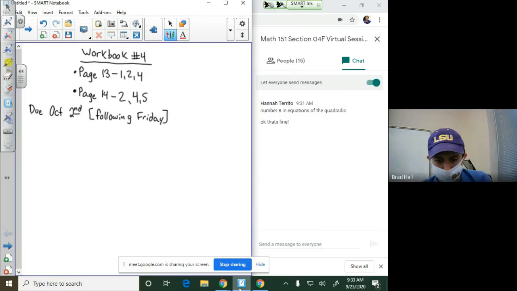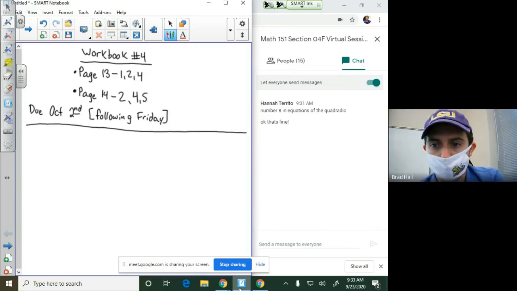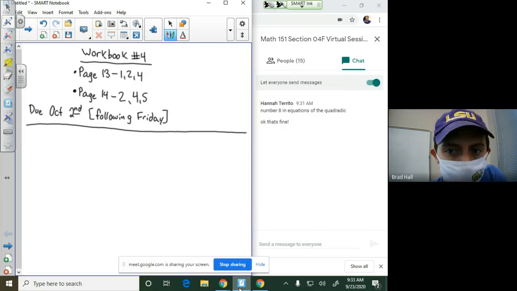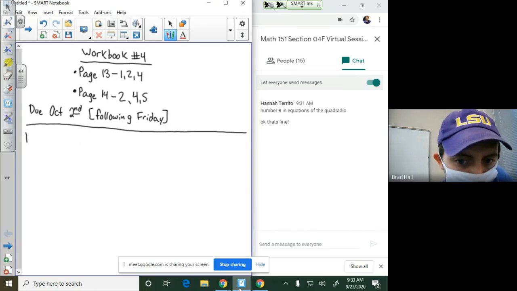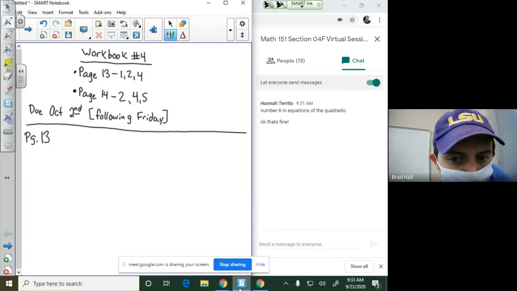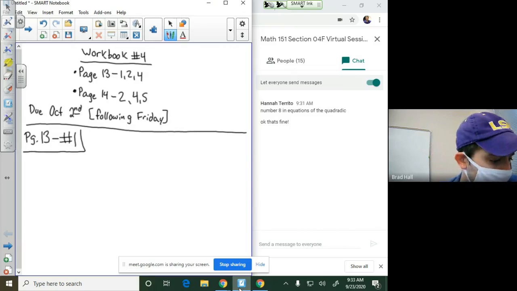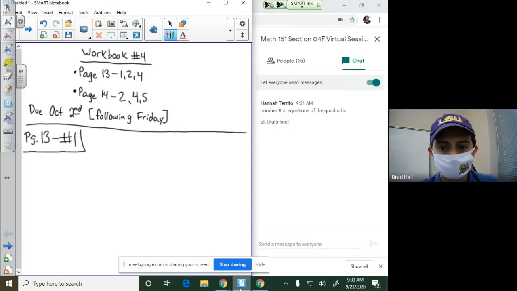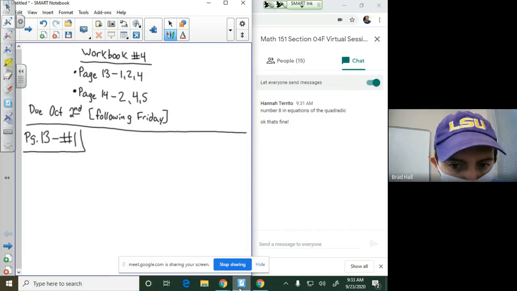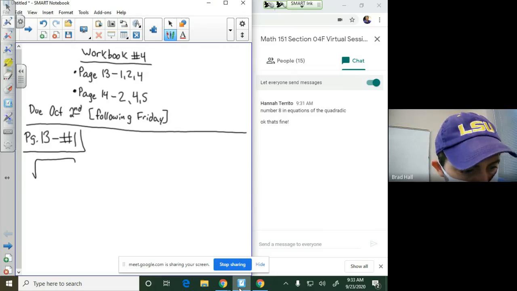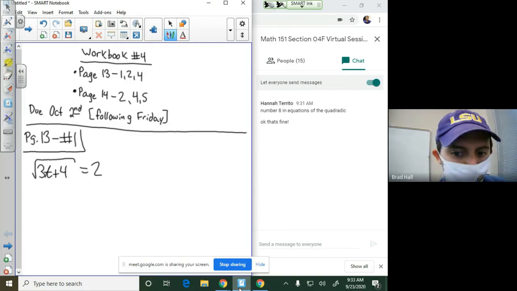Okay, so let's go ahead and look at these problems. We'll start off with page 13, number 1, which wants us to determine the real solutions for the square root of 3t plus 4 is equal to 2.